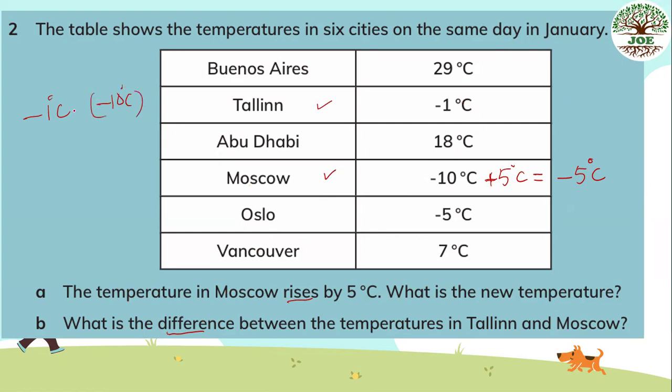So -1 plus 10 is positive 9 degrees Celsius. This is the answer for part B. Part A is -5 degrees Celsius. Part B is 9. The difference between them is 9 degrees Celsius. We don't need to put any negative or positive sign. Only 9 degrees Celsius.